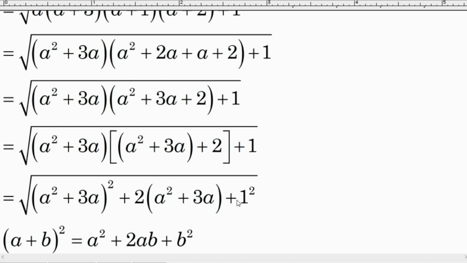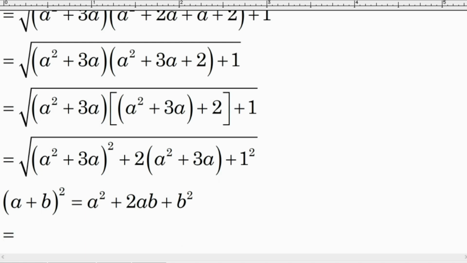Now we have a square plus 2ab plus b square, which is in the form of a plus b raised to the square. So now I can write a plus b, which is a square plus 3a, and then plus b, which is 1, all raised to the square.